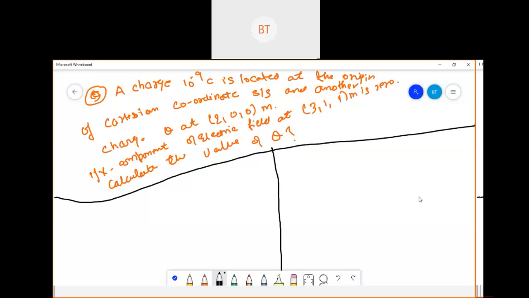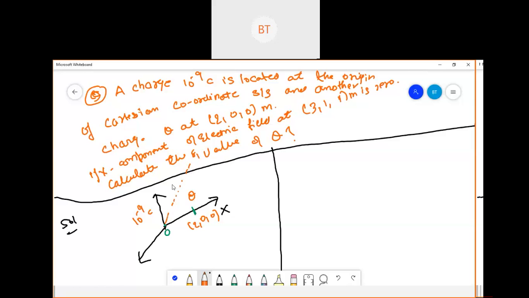By looking at this, we can assume that this is a 3D question. So I'll make a 3D diagram. This is X, this is Y, this is Z. One charge is at the origin, and the other charge q is at 2, 0, 0, with the 10 to the power minus 9 coulomb charge at the origin.